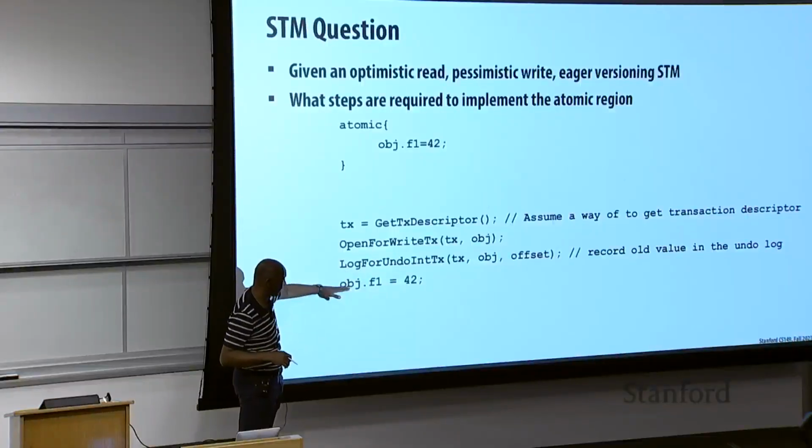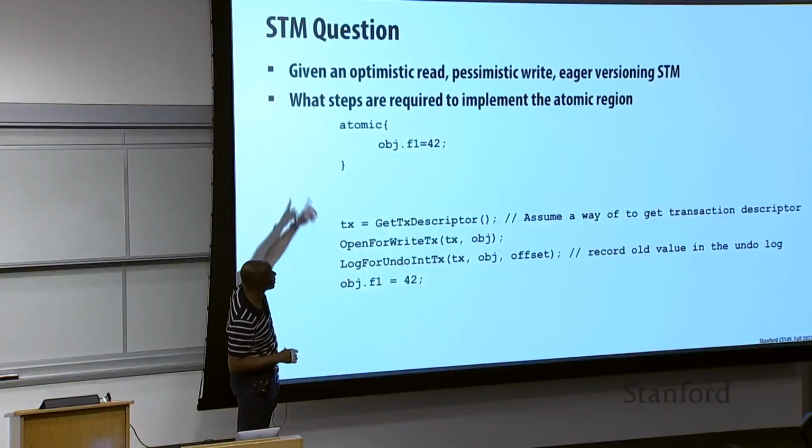Right. Like to validate, and then you get the lock in your write set, add it to the undo log, and then write the data. Okay, good. Right. So open for write is kind of your check, and you're going to log it, and then you actually can do the write since it's eager.